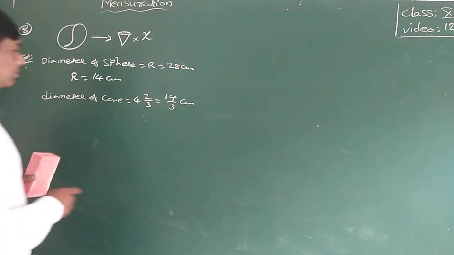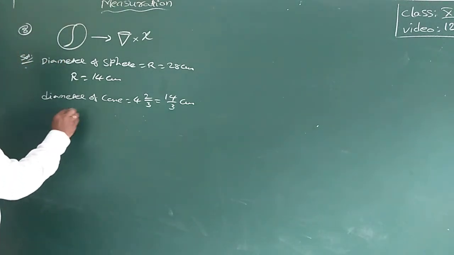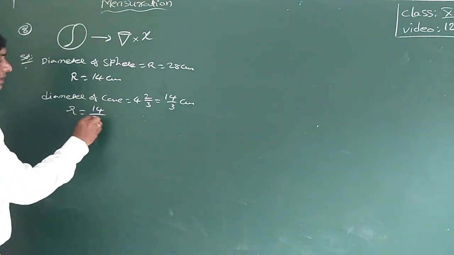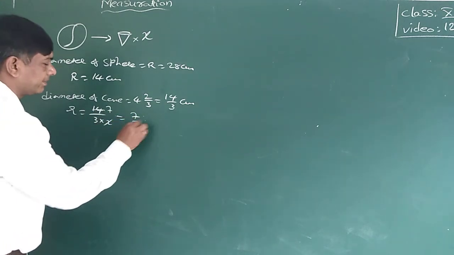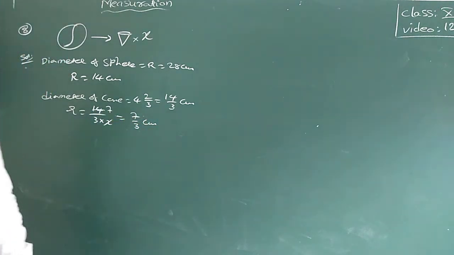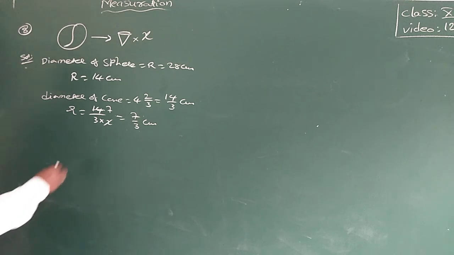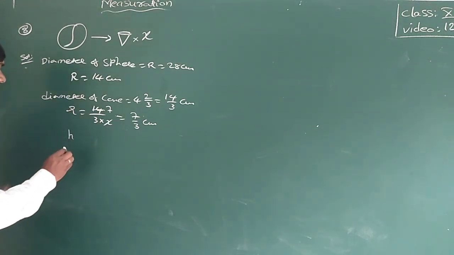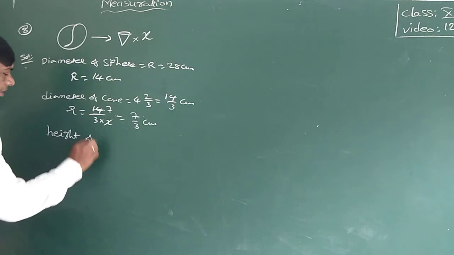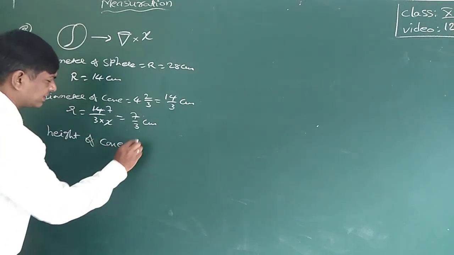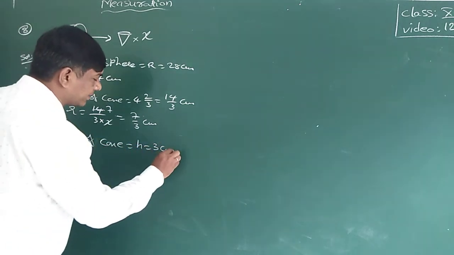Then the radius is 14 by 3 into 2, which is 7 by 3 centimeters. And the height of the cone is h equal to 3 centimeters.